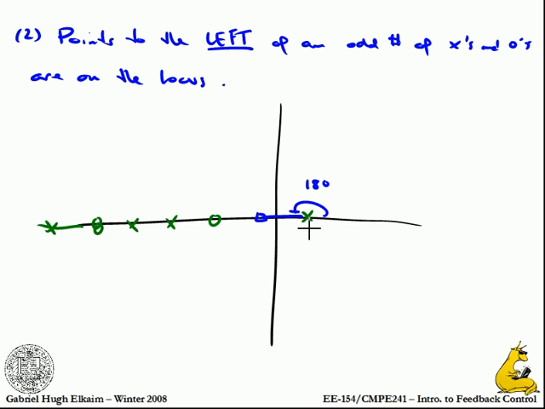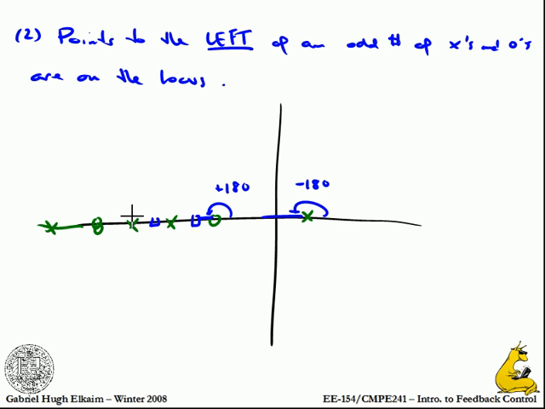Now, when I pass this point, I've got 180 minus 180 from this one, plus 180 from that one, plus because it's a zero, not a pole. So minus 180 plus 180, I'm back at 0 again. All of these guys still give me 0. As I pass the next one, now I've got 180, minus 180, minus 180, plus 180, back to minus 180.